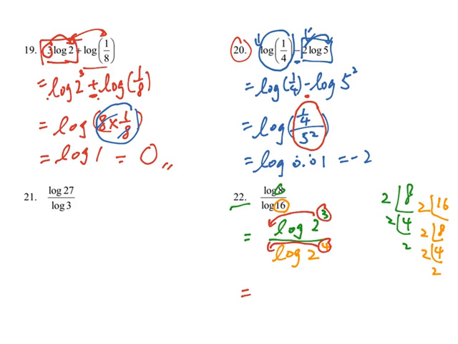So the numerator becomes 3 log 2. For the denominator, it is 4 log 2. You can see log 2 and log 2, then we can cancel it. So the answer is 3 over 4.